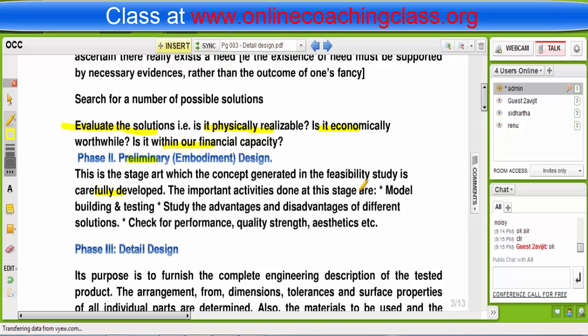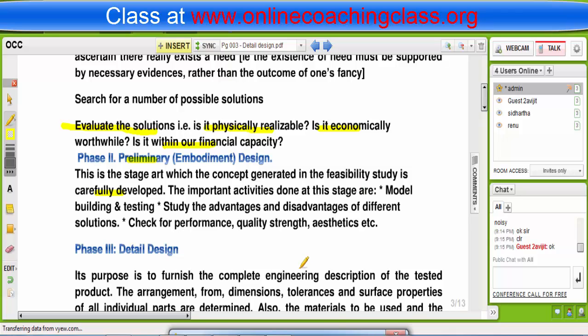Now in the preliminary design stage we design as per the customer need and make a model for that, and testing is done in this stage. We analyze the advantages and disadvantages of this product, how the performance will be in future, the quality of this product, how it looks.